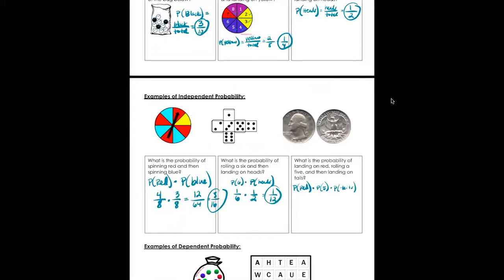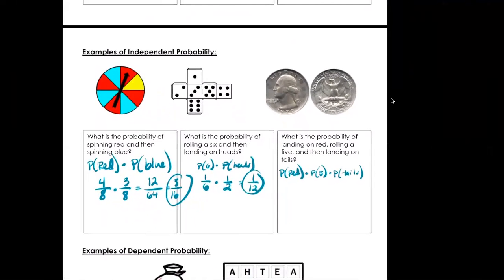All right, so again, red, there's 4 sections out of 8 times there's 1 5 out of, oops. That's a very common mistake. When they ask you for probability of 5, you put the 5. No, there's only 1 5. 1 out of 6 sides on the dice times tails, 1 out of 2. So we have 4 over 8 times 1 over 6 times 1 over 2.